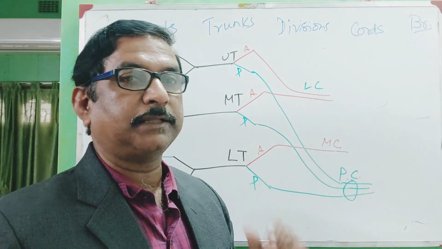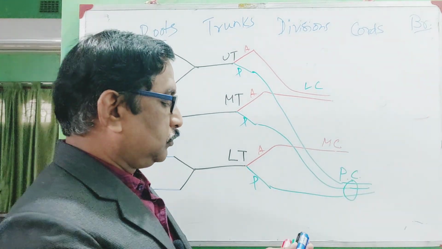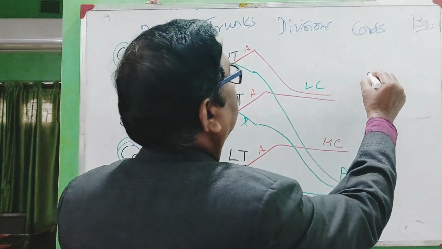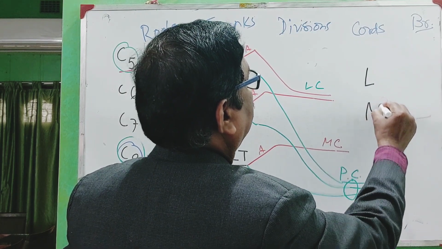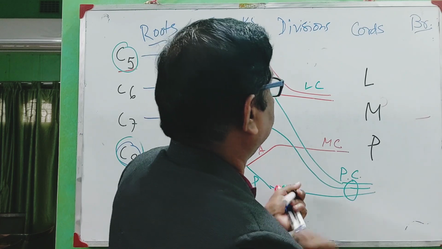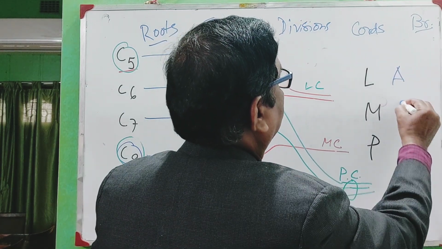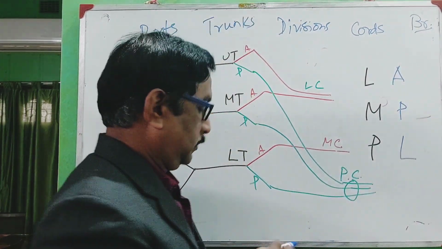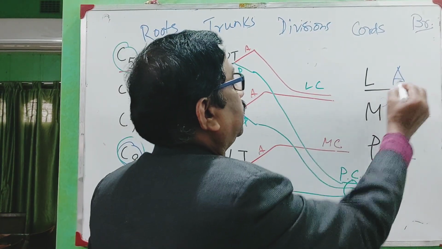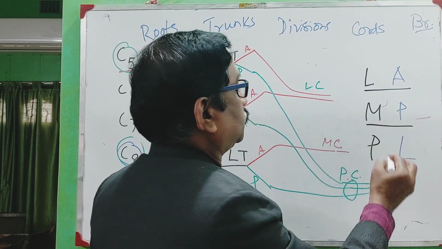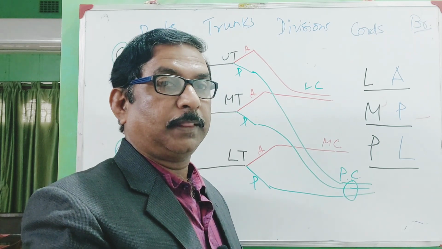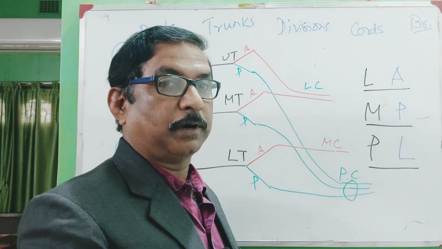The relations are not like that. Suppose you see like this, LMP, APL, these abbreviations: the lateral cord is anterior, the medial cord is posterior and the posterior cord is lateral to the axillary artery, before going to the second part.